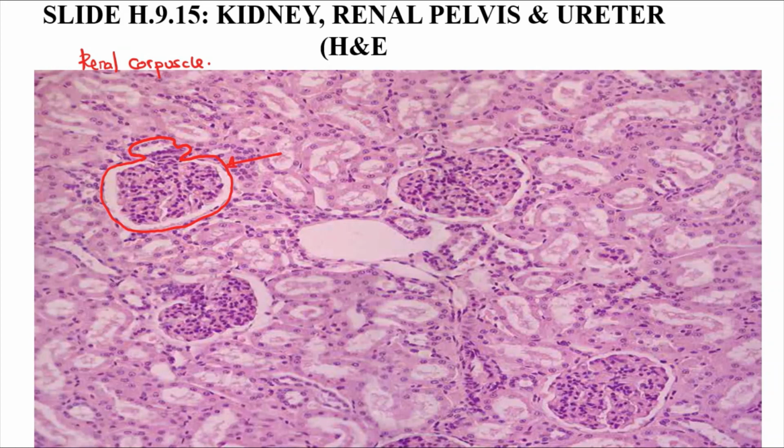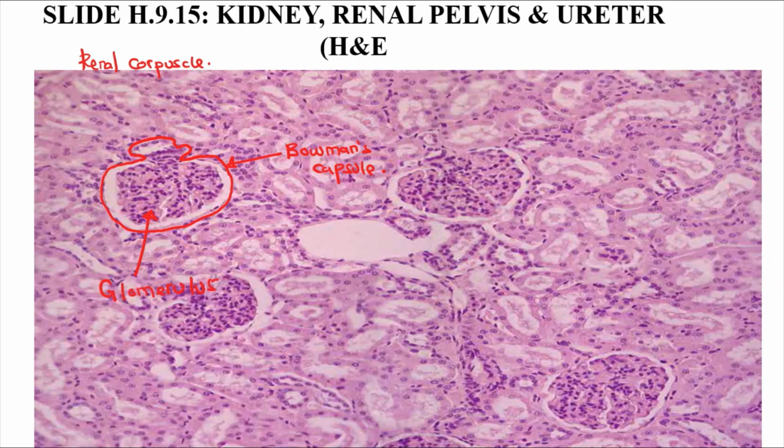This part, the outermost part of the renal corpuscle, is the Bowman's capsule. So this is the Bowman's capsule. And then what you see inside here, this is the glomerulus.